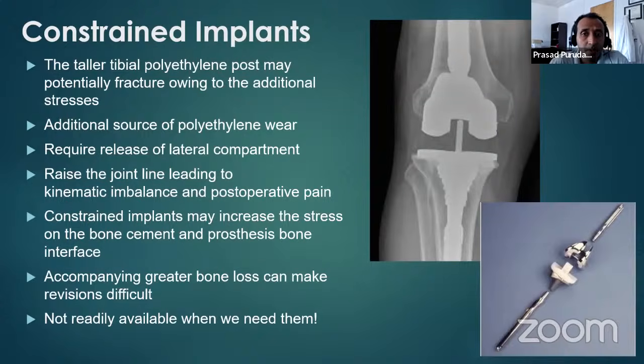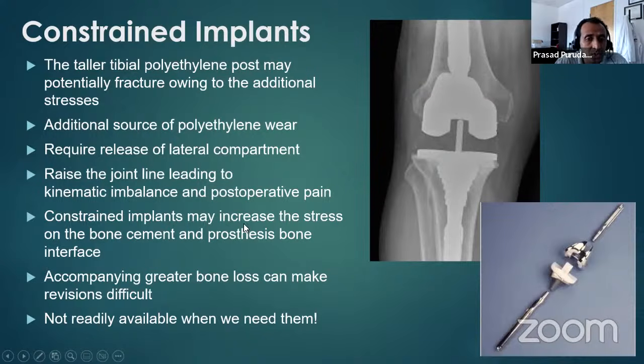But there are several limitations for these constrained implants. The tibial post can potentially fracture because of the additional stresses, and it can be an additional source of polyethylene wear. Using these implants can require further release of the lateral compartment, which is otherwise normal. These implants can raise the joint line, thereby leading to kinematic imbalance and postoperative pain.